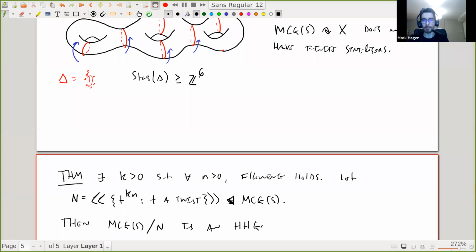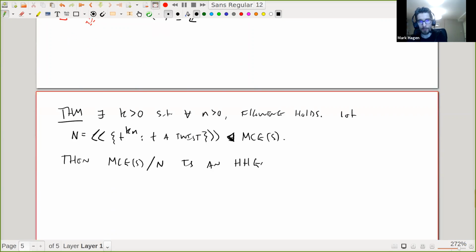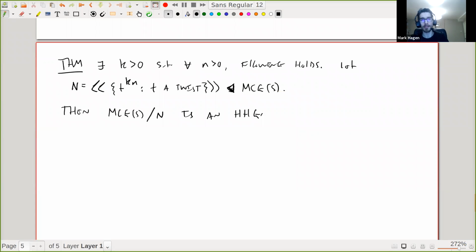a hierarchically hyperbolic group. So there's a new example of a hierarchically hyperbolic group that could not have been produced by existing methods, and this uses the action of the mapping class group on the curve graph.